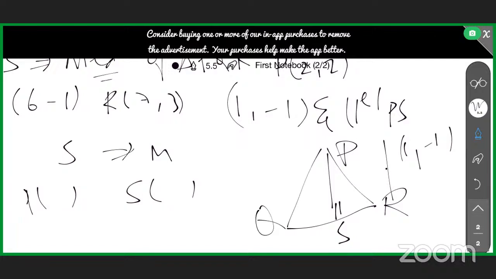Once that is done, use the concept of parallel lines. Since the other line is parallel to the given line PS, the slope is the same. Then use the point-slope form.